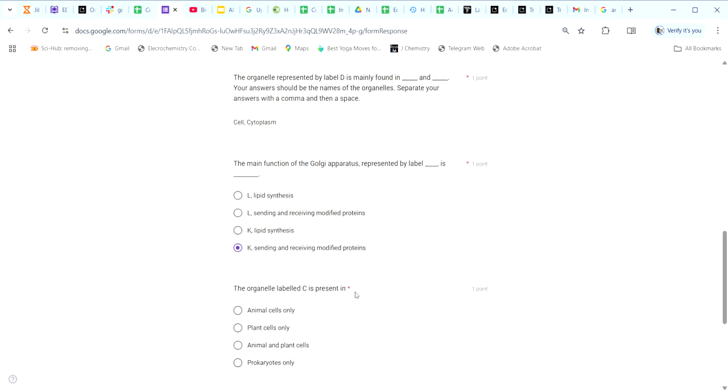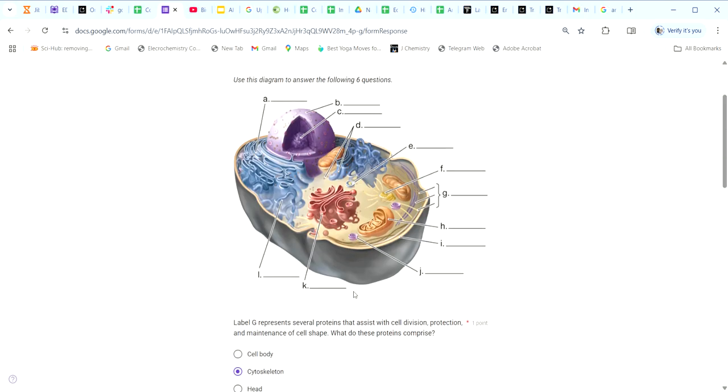Animal cell, plant cell, animal and plant cell, prokaryotes.